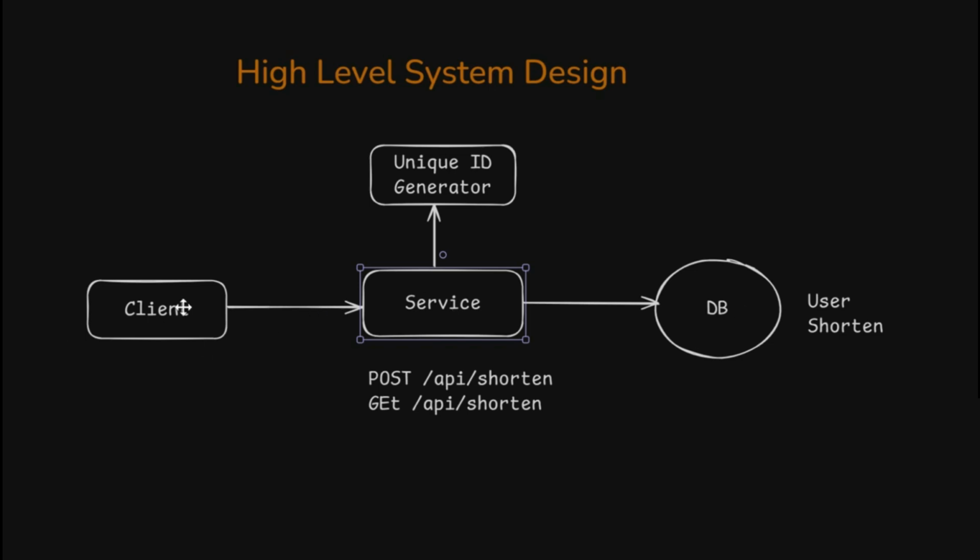And when we get the GET request with the unique ID, the service can search the database table and then return the long URL as a response to the client. So this is, at a very high level, how the data flow would work. Now we will get into the deep dive section.